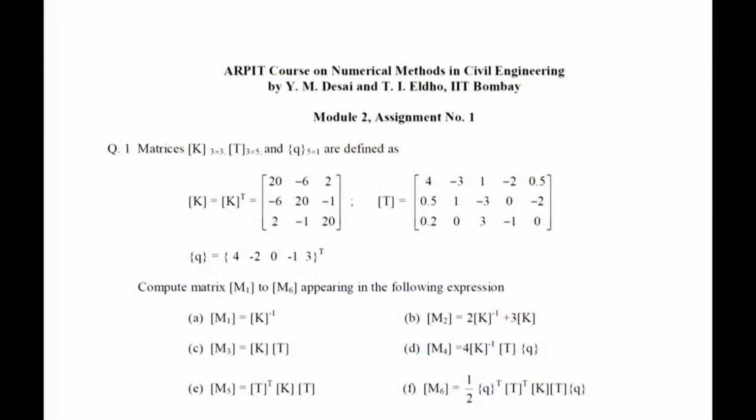The first question of this assignment, we are given certain matrix quantities K, which is a square matrix, and K equal to K transpose, that is what we mean by symmetric matrix. T is a rectangular matrix and Q is a column vector. We want to compute matrices M1 through M6 appearing in the expressions shown in A through F.